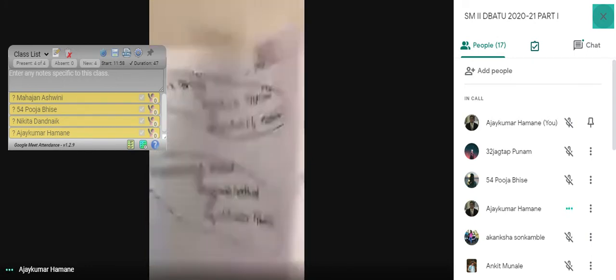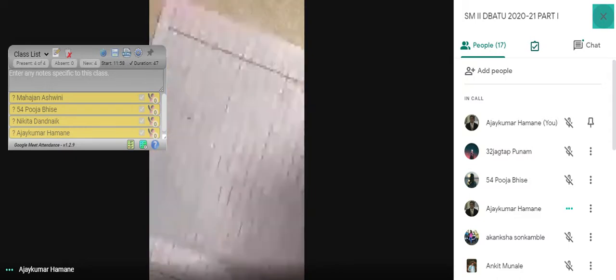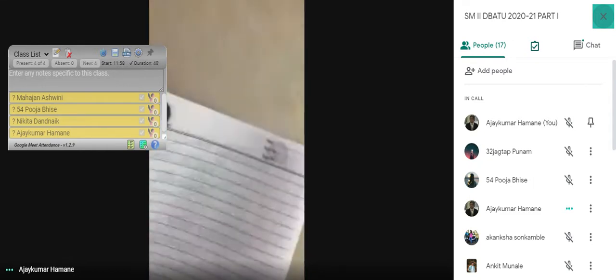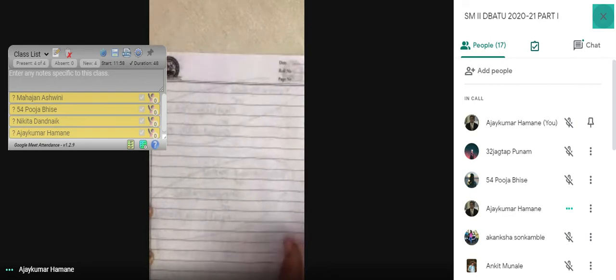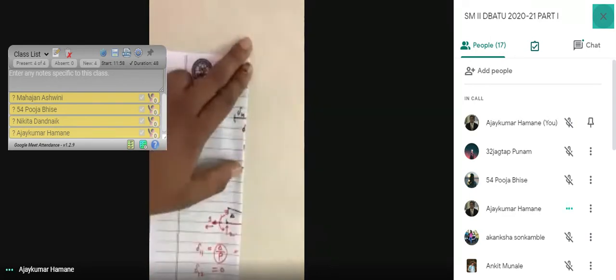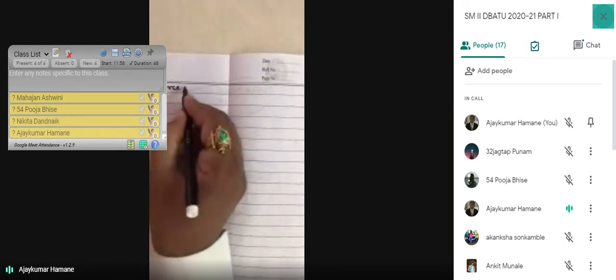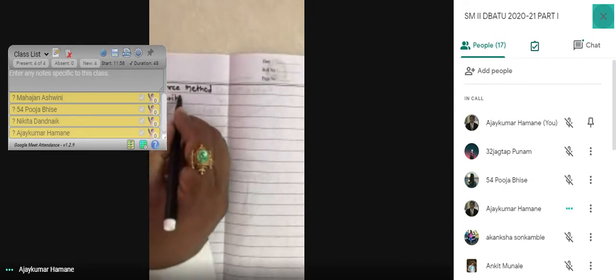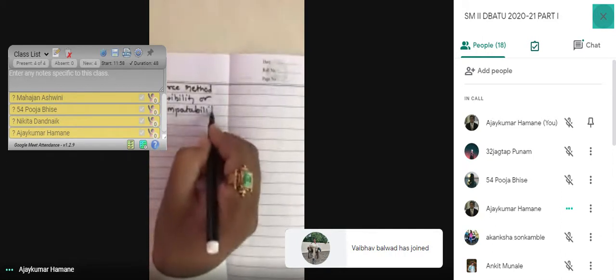We'll see the comparison. So here I will write force method, in bracket I will write flexibility or compatibility method.